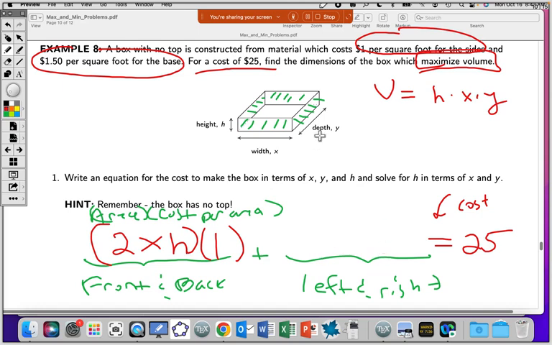Now left and right, what's the area of the left and the right here? If I look at this side here, what's the area of that? Yep, that's y times h, and then we double that. 2yh times 1.